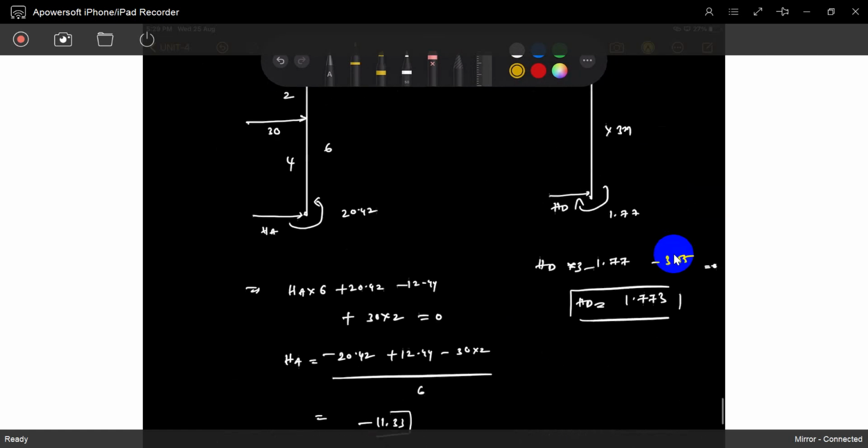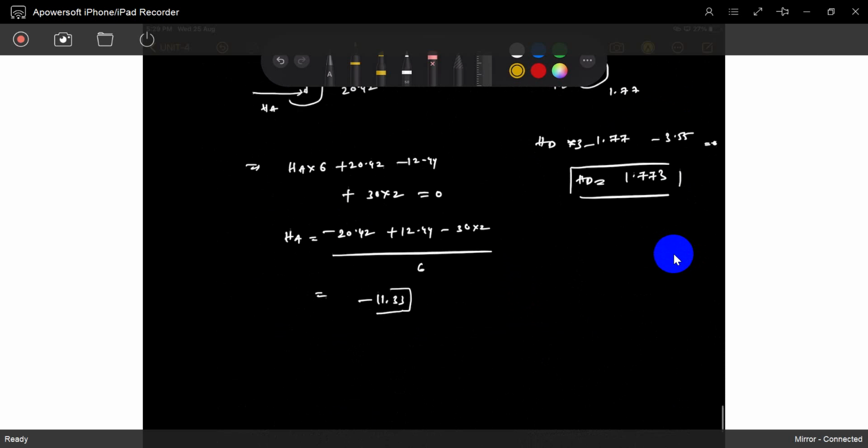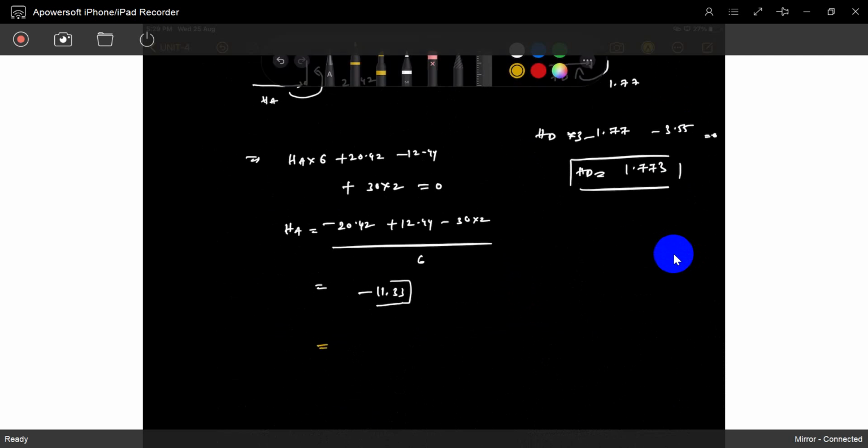See, what do you get? So minus 13.3 plus 1.77 plus 30 equal to 0 or not? What is that value? 30 minus 11.33 plus 1.77.